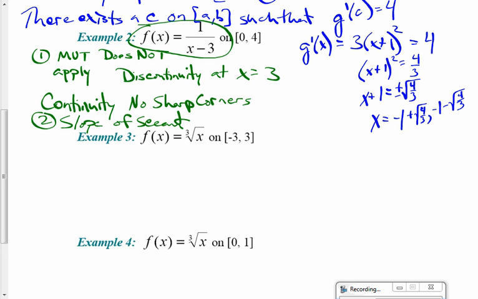Take the speeding example: if you're driving your car and the average rate of change is 65 miles an hour, there is a point where you had to have been going 65 miles an hour. That's just a real life example. You can't go 65 miles an hour on an entire interval without at least going that fast once.